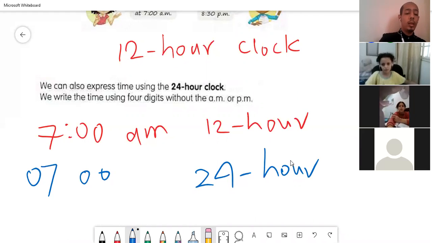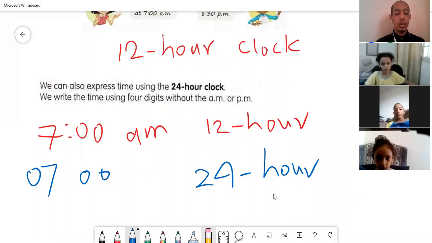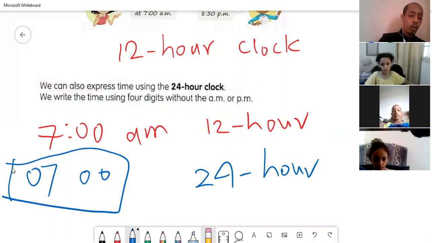It's going to be the same 7, but instead of putting the 2 points, we are going to represent the time this way, with 07 and 00, so now the 24-hour clock has 4 digits. You see, it has 4 digits, right?